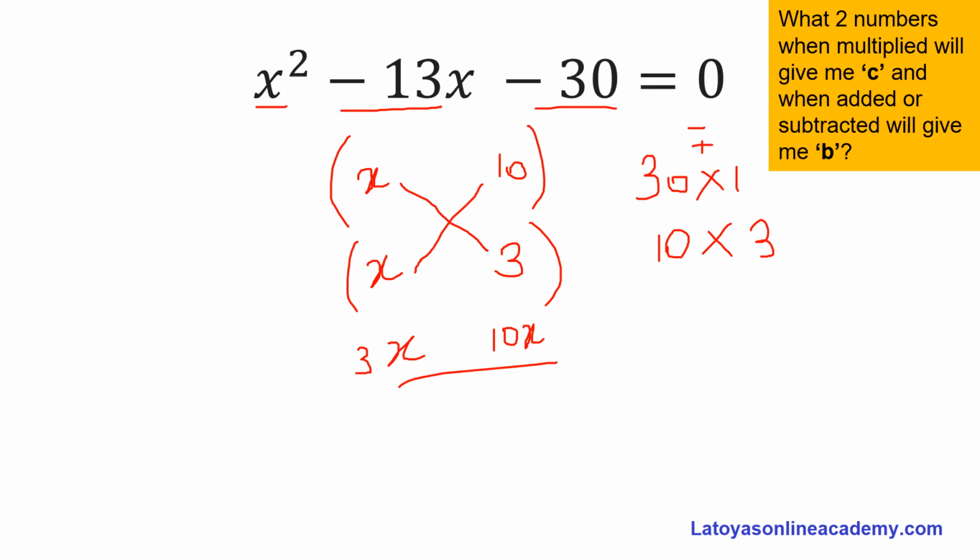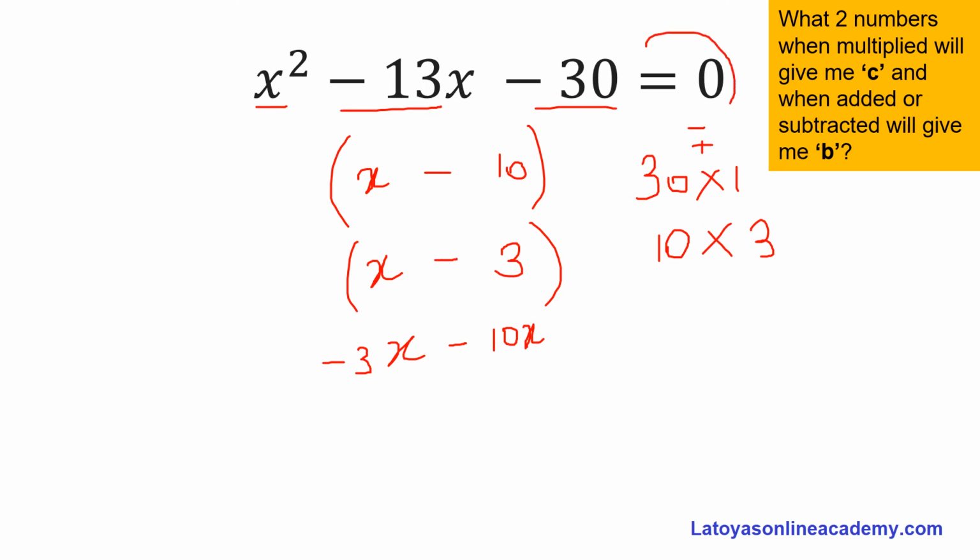If I put an addition sign here, I'm going to get positive 13. And we don't want positive 13, but we want negative 13. So what do I need to do? I need to use minus signs. So it's going to be minus 3x minus 10x is going to give me minus 13x. So now I'm sure I must have minus 3 and minus 10.